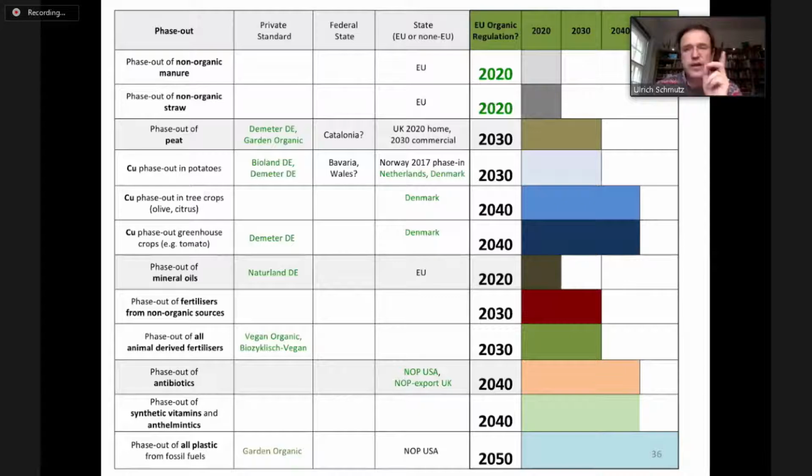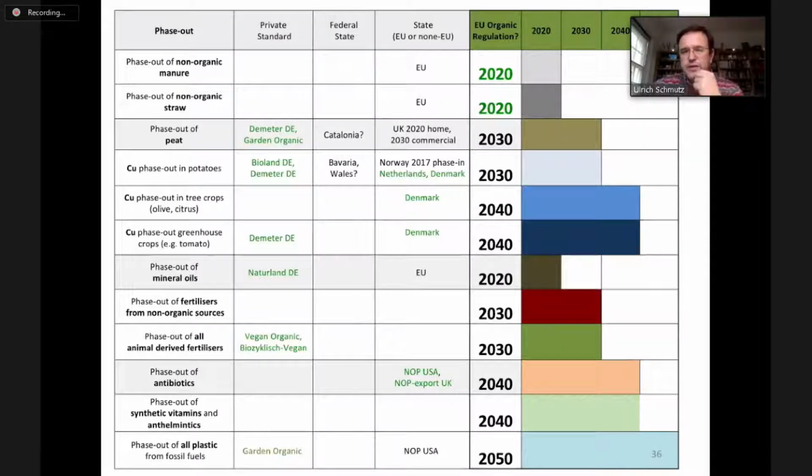And so how could that look? This is a very busy slide, but it shows you that we have regulation, and eventually the EU regulation, and that's why I mentioned it, will also find its way into global regulation, and we will phase out some of these things. Obviously I cannot make that decision, but this is a recommendation that, for example, non-organic manure and non-organic straw could be phased out fairly soon.